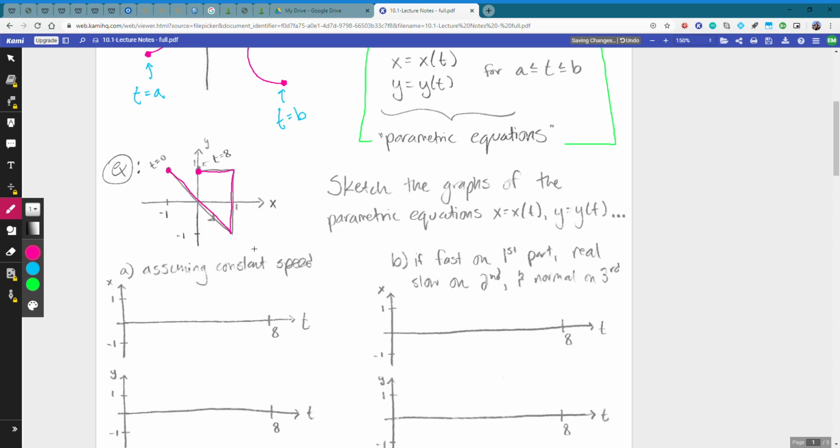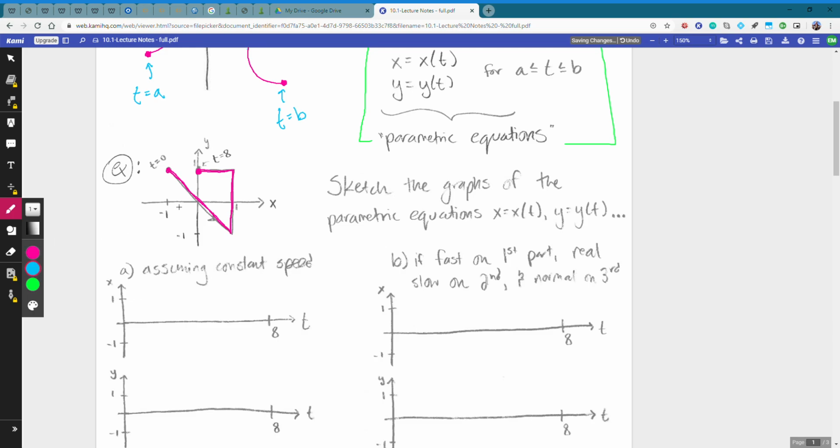And so let's see if we can sketch the graph of our x function and our y function with respect to time, assuming that our particle is moving with some constant speed, like we just traced it out, just moving along at the same speed over each leg of our journey.